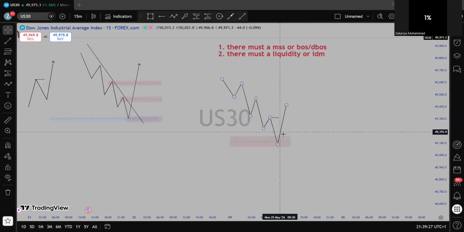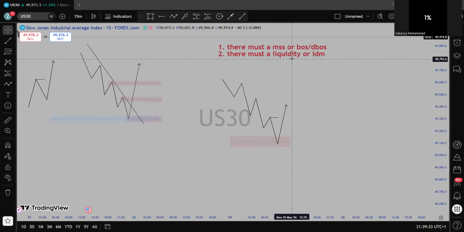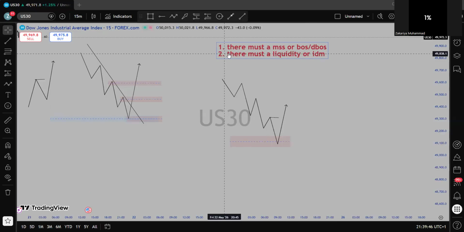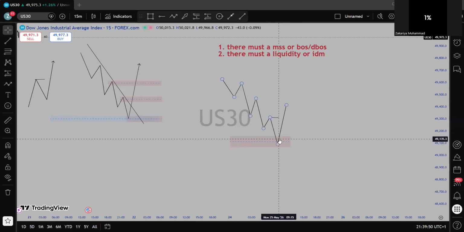Sometimes when market taps into your higher time frame key level, most of the time market gives you an inducement liquidity instead of engineered liquidity or trend line liquidity. We're going to explain all of those types of liquidity, but you need to understand that when you have a market structure shift, the second guideline, the second rule you must follow, is that you must have a liquidity protecting your zones.